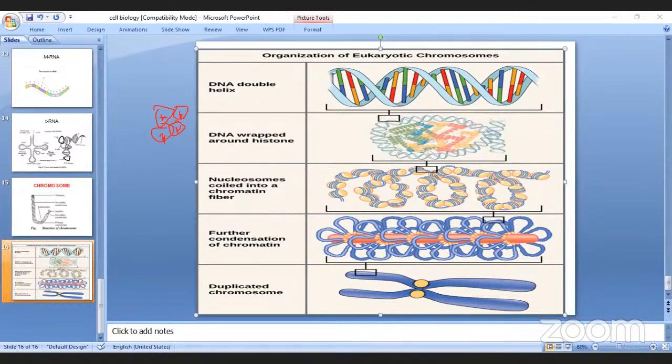And this octamer is sealed by double stranded DNA. Are you able to see this DNA? Yes, sir.